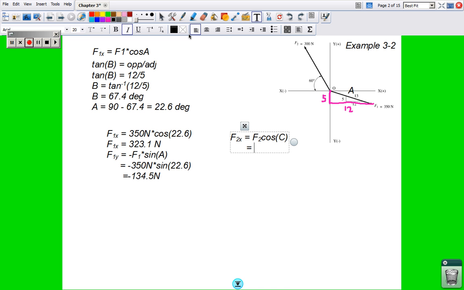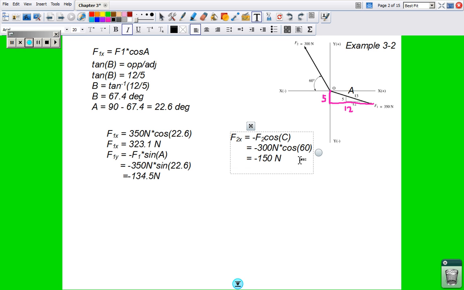And that'll be 300 newtons times cosine 60 degrees, which is going to be equal to 150. Alright, so the other thing is though, that's a negative x direction, so we can't forget that. We go back, put my negatives in.